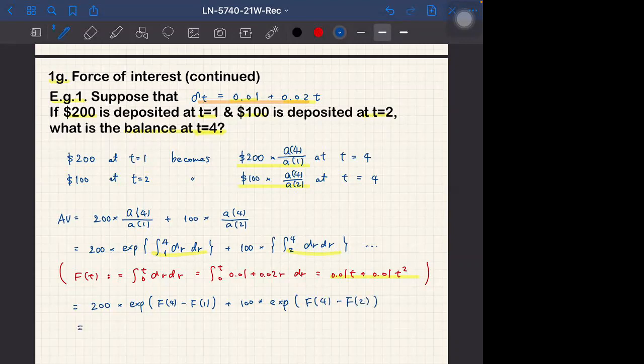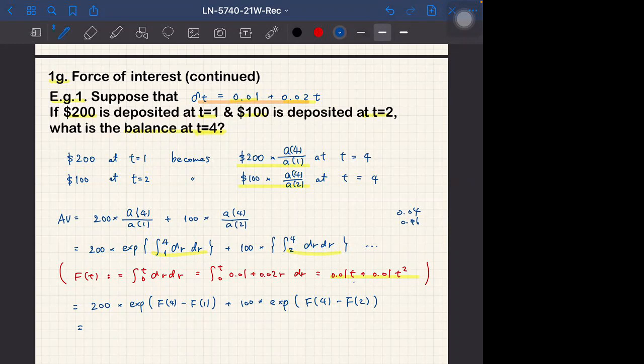And you can plug in numbers. F of 4 is equal to 0.01 times 4 plus 0.01 times 4 squared, which is 16, so 0.016, so 0.04 plus 0.16.